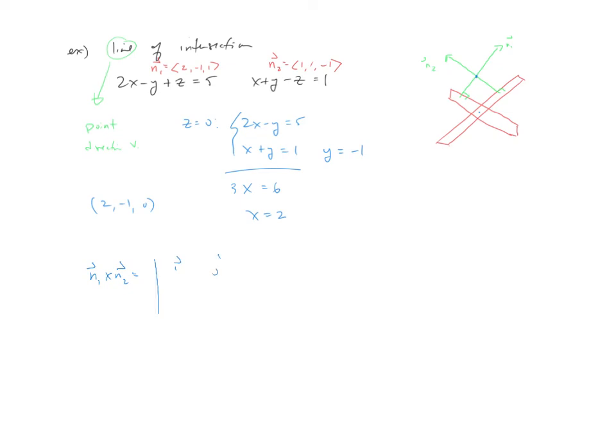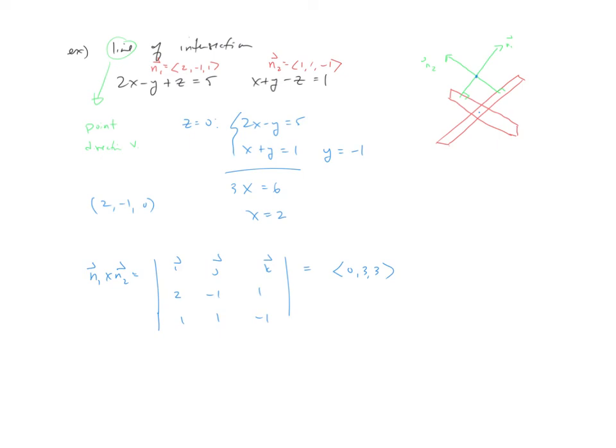So we've got our i, our j, and our k. We've got our vectors of 2, -1, 1 and 1, 1, -1. And when we cross this, we get the vector 0, 3, 3. So that is now going to be our direction vector.